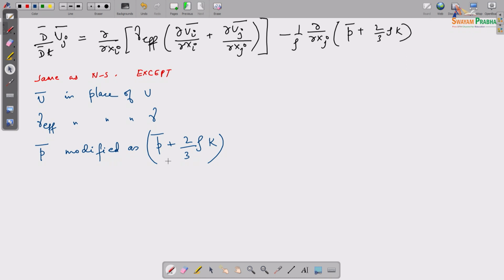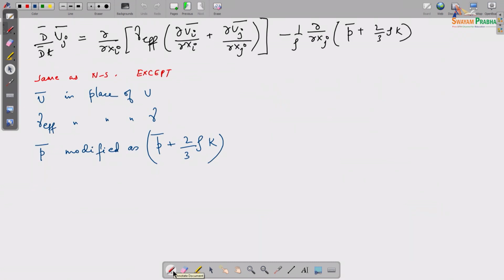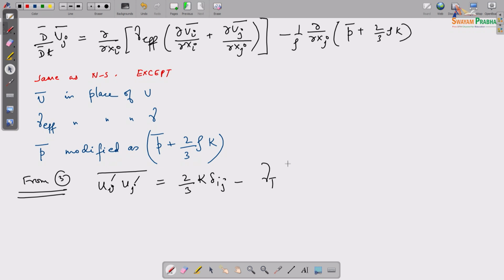So this equation that I just wrote back in equation 3, from 3, that is equal to turbulent viscosity times that.